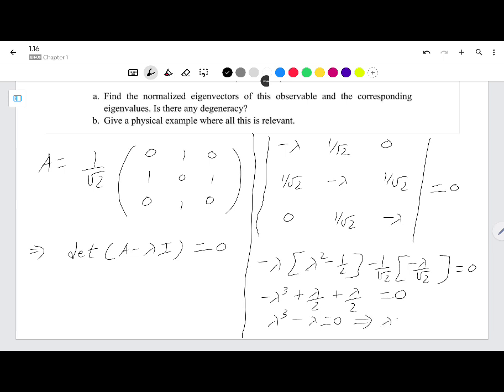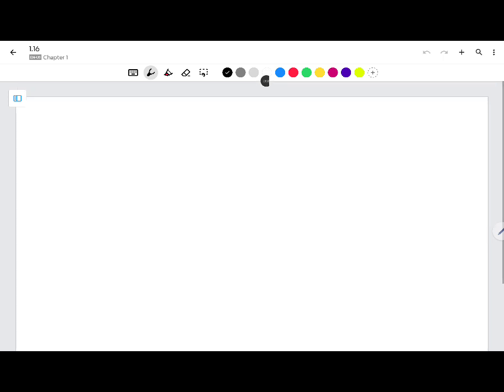This gives me lambda equals 0, and then 1 and minus 1. So there are 3 eigenvalues: 0, 1 and minus 1. There is no repetition, hence no degeneracy.